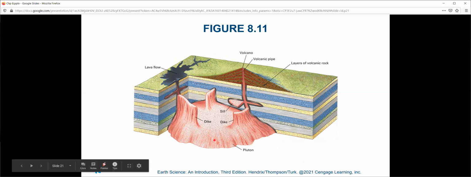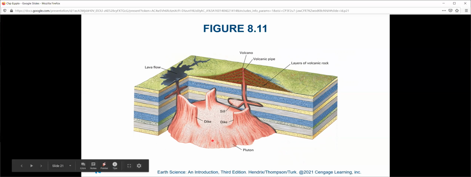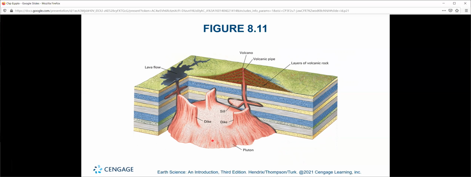Yeah, here's your pluton. Dikes and sills, those are essentially different avenues that the volcanic material could take. So that's a really poor picture. I gotta find a better picture of that. Essentially a dike. So remember, when you have a magma chamber, that is a bunch of liquid, viscous, but still fluid material.